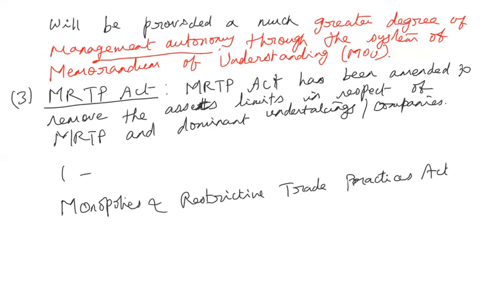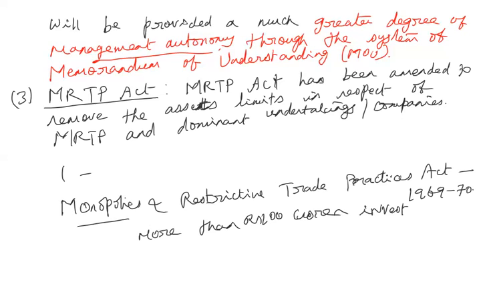This act was passed by the government in 1969-70. So under this act, any company under the private sector which is assuming monopoly power, for example, if they have more than 100 crores investment in plant and machinery, and if they want to expand their business further, that is one thing.